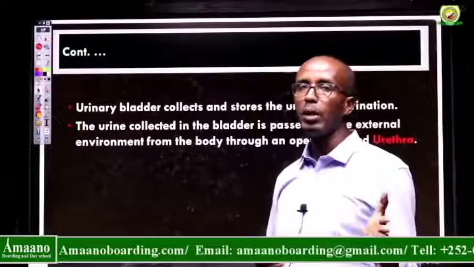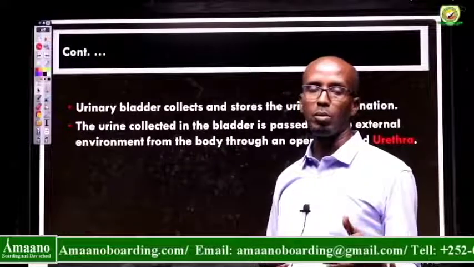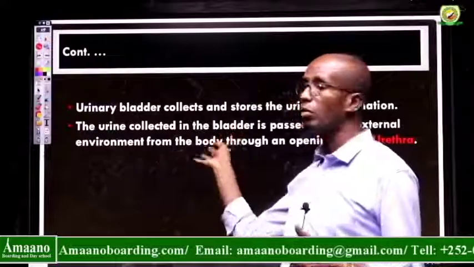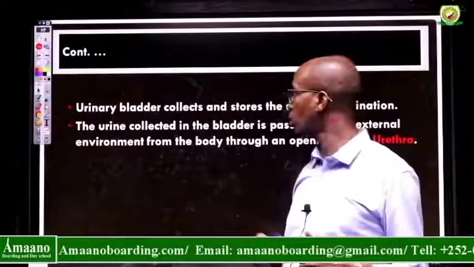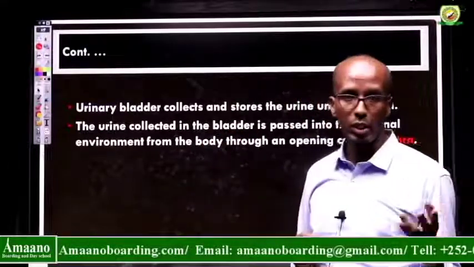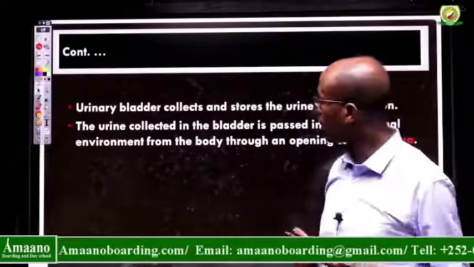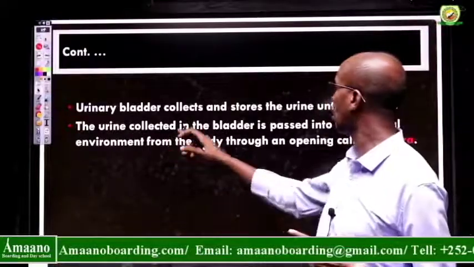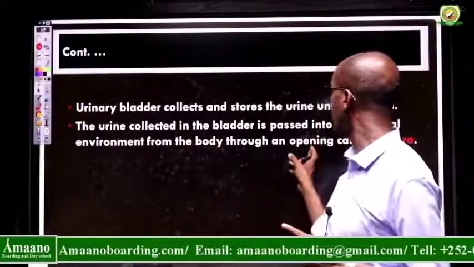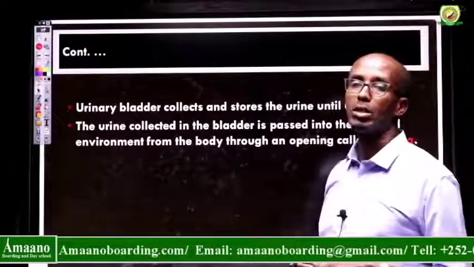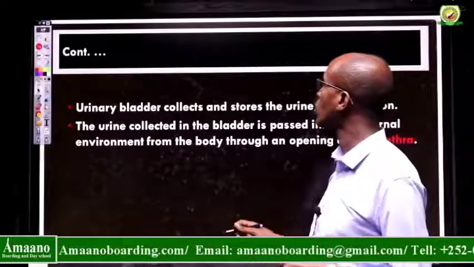In females, it does only one function, which is taking urine from the urinary bladder to the outside environment. But in males, it does two functions. It takes urine outside of the body, and also it takes sperm cells during sexual intercourse.